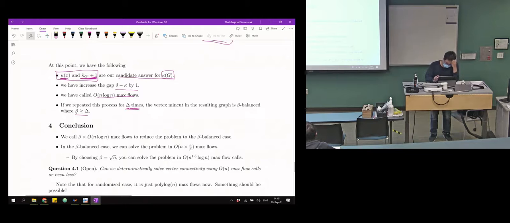So to conclude, if I call the gap increasing procedure for beta many rounds, that takes beta times n log n max flows. And now you have a balanced case, and for that case you take this many max flows. So by choosing beta to be root n, then you're done. So that's the algorithm.